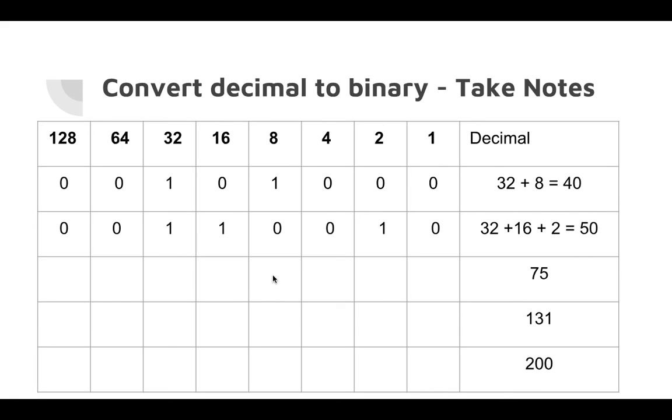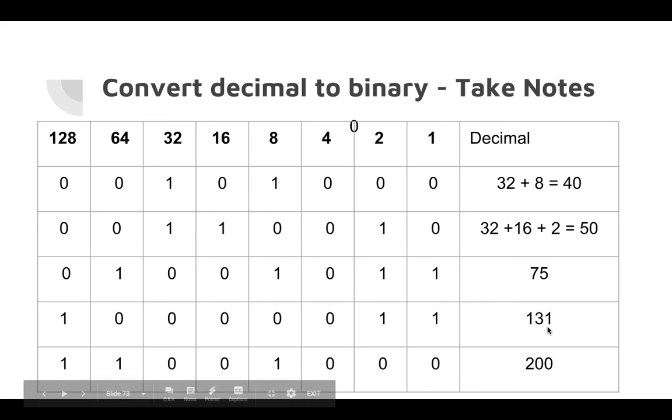I would use the 8. I put a 1 here, so 11 minus 8 is 3. And so I'd put a 0 here at the 4, and use the 2 and the 1 to make the 3. So I would have 0, 1, 0, 0, 1, 0, 1, 1. And that's exactly what I have here.